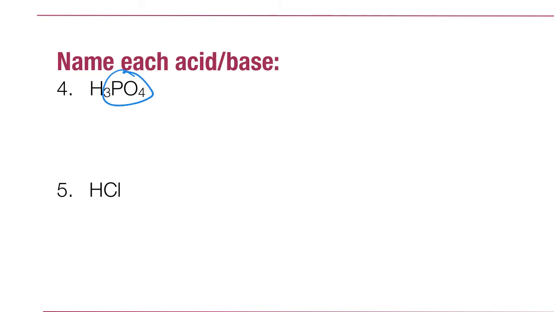So the name of PO4 would be phosphate. And if the ending is ate, like this, then our name is going to basically just replace that ending with an ic. So that would seem to be phosphic acid.